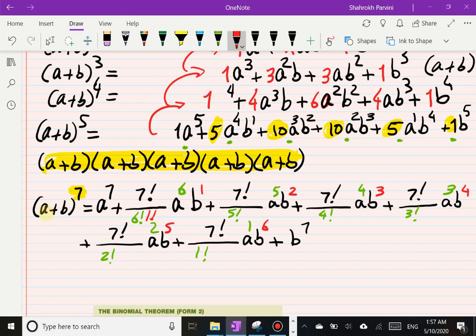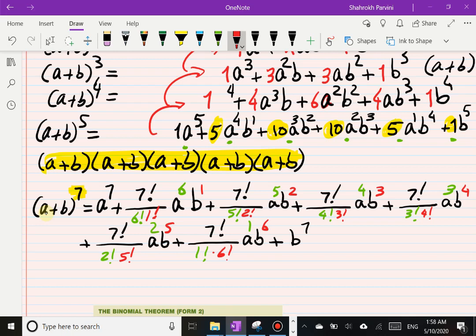The red numbers: this is 2, that's 2 factorial, 3 factorial, 4 factorial, 5, 6 factorial. You see how that goes? And now we have our fractions all written down.